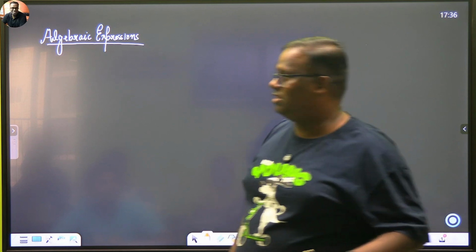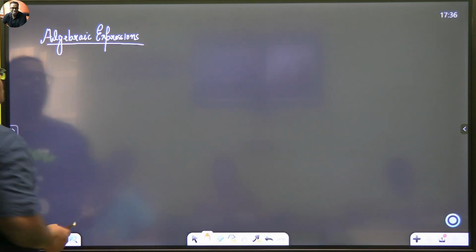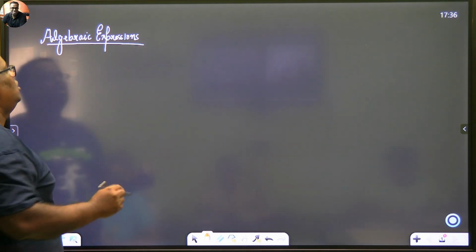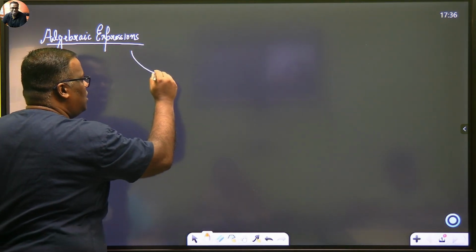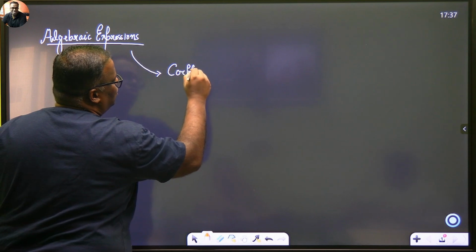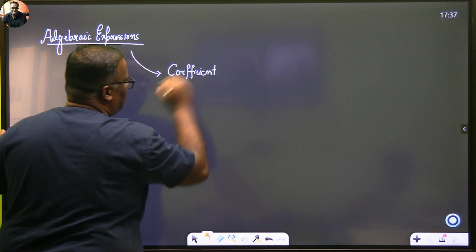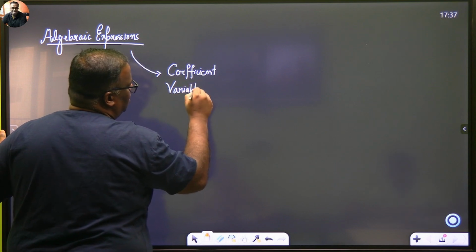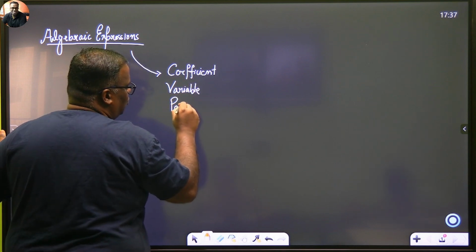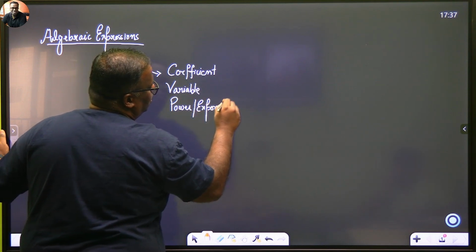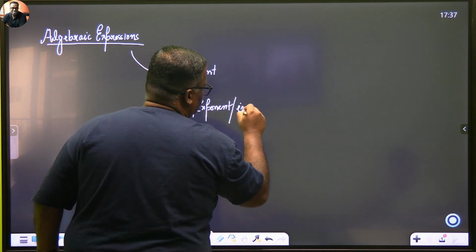Are you understanding? Yeah. So let's see what an algebraic expression is. An algebraic expression is usually a term or a combination of terms. We will understand what is a term or combination. Here, we need to understand what we mean by the word coefficient. Then we need to understand the meaning of the word variable, the meaning of the word power or exponent, or the word index.